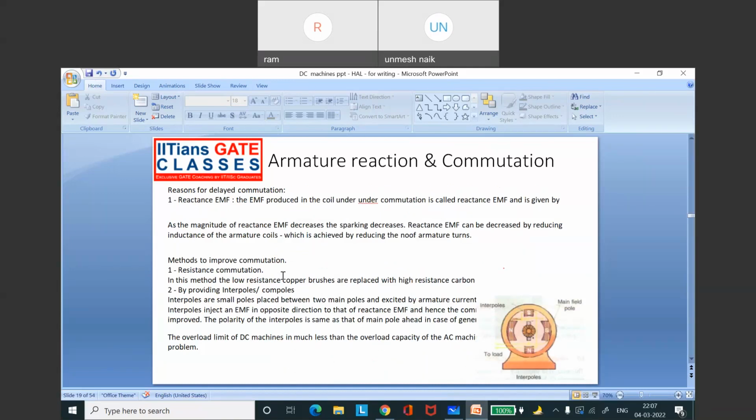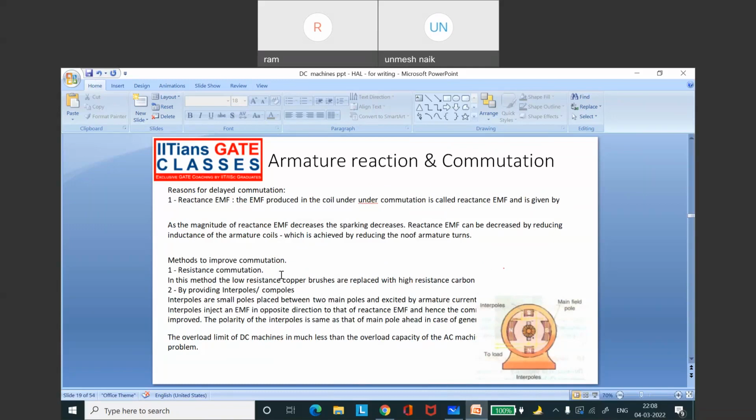So what are the methods to improve commutation? There are two methods: one is resistance commutation, and the other is providing interpoles or compoles. In resistance commutation, the low resistance copper brushes are replaced with high resistance carbon brushes.